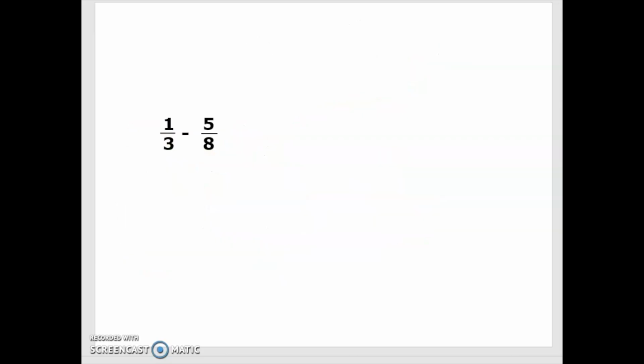We're going to move on to our next example, and I'm going to put a negative here. So again, we're going to want to find a common denominator between 3 and 8, and then I'm going to need to really pay attention to the negatives. Now I know my common denominator between 3 and 8 would be 24. So I'm going to rewrite my fractions with denominators of 24.